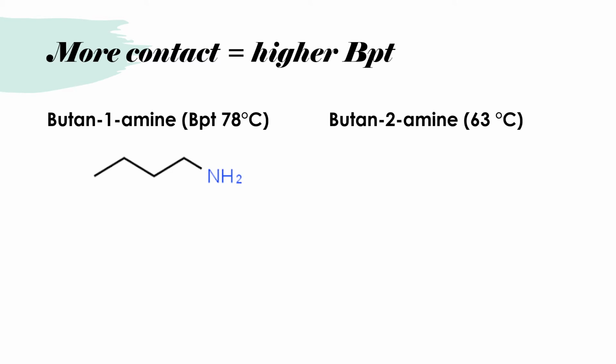The next structure we're looking at is butane 2-amine. So we've still got our butane chain of 4 carbons, but this time your amino group is on the second carbon. So it's not part of the main chain. In fact, this time it would be classed as a branch. And you can see here, butane 2-amine has got a boiling point of 63 degrees Celsius. Look at the points of contact we could have.